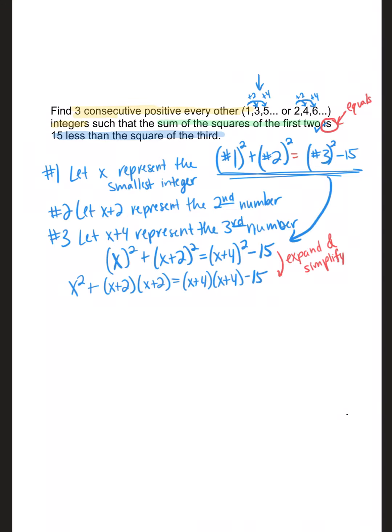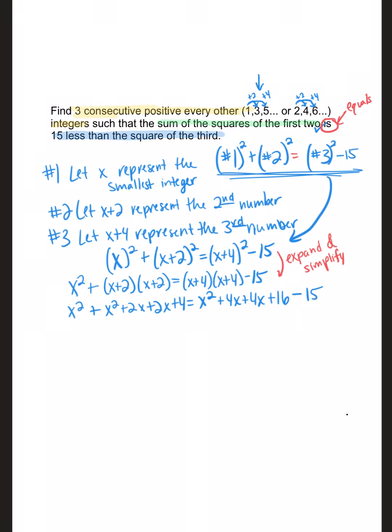So we will FOIL those 2 sets of brackets. When we FOIL x plus 2 times x plus 2, we should get x squared plus 2x plus 2x plus 4. And then we can FOIL the other side. So we'll have x squared plus 4x plus 4x plus 16. And then we still have that minus 15.